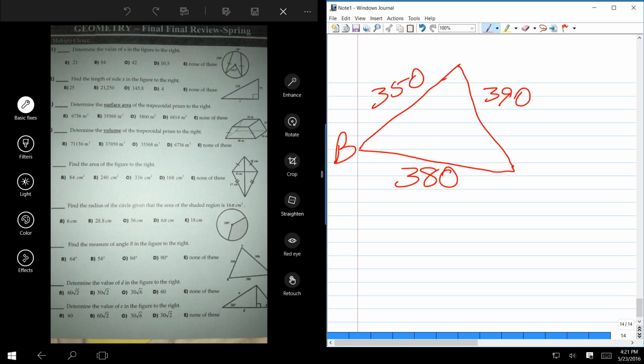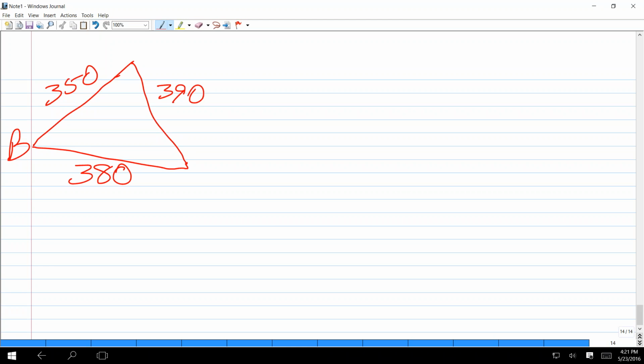What equation do I have to use to solve this for angle B? Having multiple choice doesn't help a bit. Oh, it's cosine. No, sine. Cosine. Law of cosines. Why? Law of sines requires you to have an angle and an opposite side. And we don't have that here.